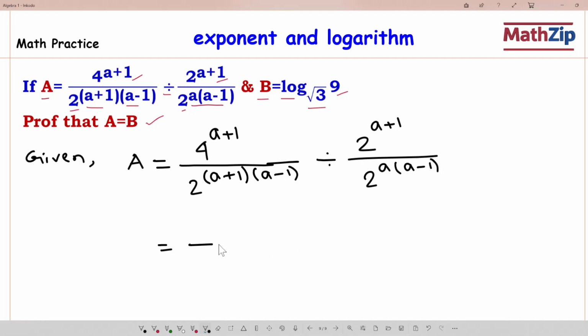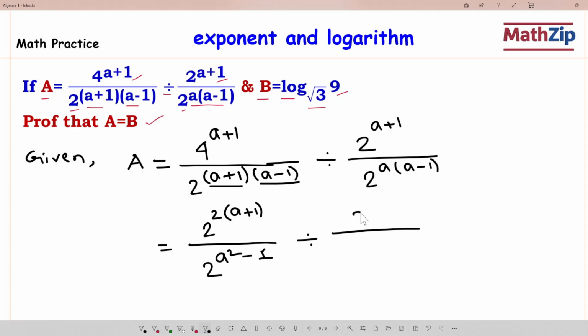First we can write this 4 as 2 square, and here is a plus 1, 2 to the power a plus 1 times a minus 1. This one we can write as a square minus 1, divided by 2 to the power a plus 1 unchanged, and here 2 to the power a times a minus 1 means a square minus a.